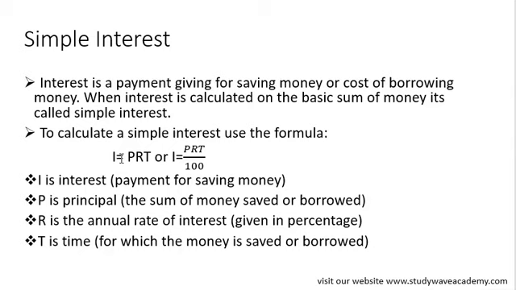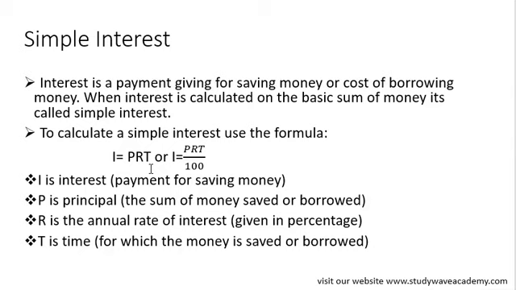P stands for the principal, the sum of money saved or borrowed. R stands for the rate, which is given in percentage. And T stands for the time for which the money is saved or borrowed.